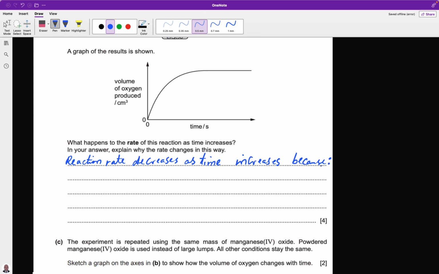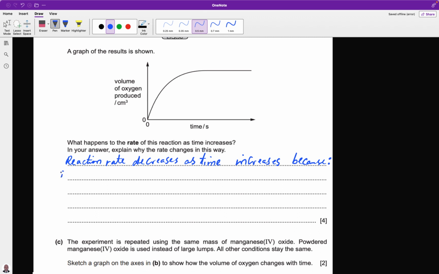Reaction rate decreases as time increases because, one, hydrogen peroxide is used up, and this decreases the number of colliding particles.